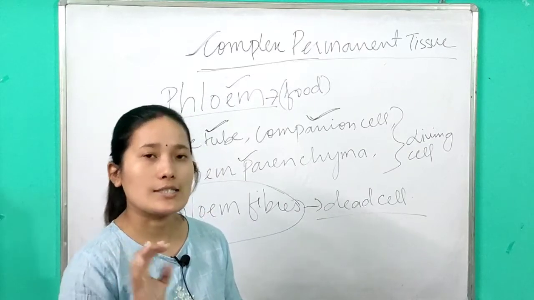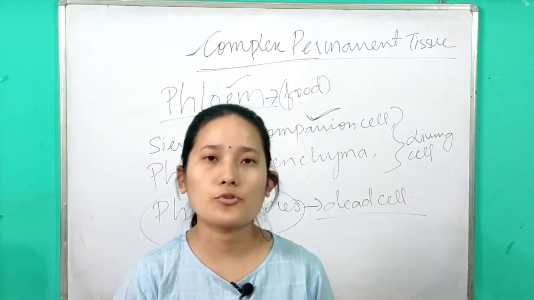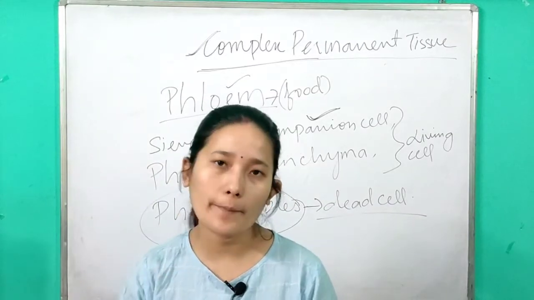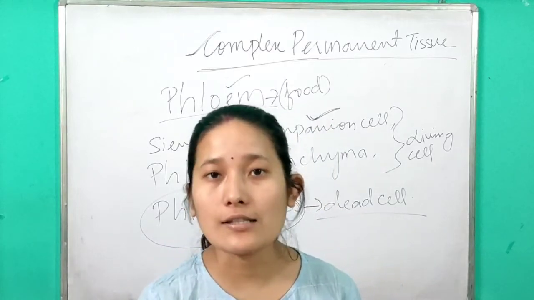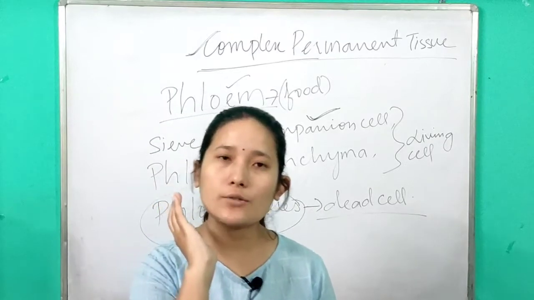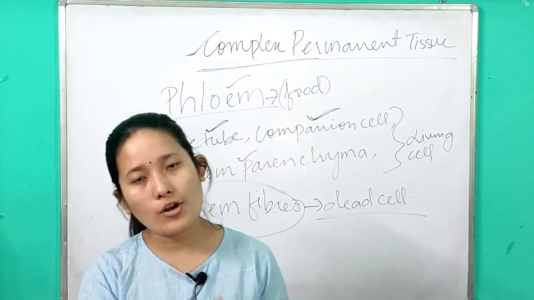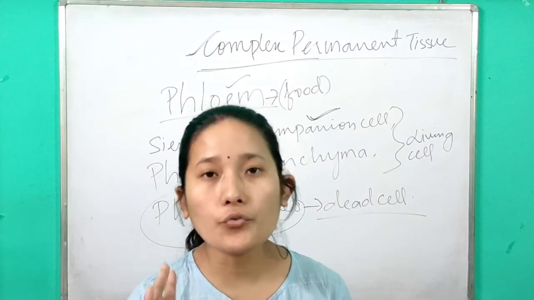What is it? It's xylem and phloem. You should be able to name the different cells which make up the xylem and which make up the phloem. So I hope you will be able to name them after this session, and then tell me the function. As soon as you hear the word xylem, conduction of water. As soon as you hear the word phloem, it's translocation of the food.